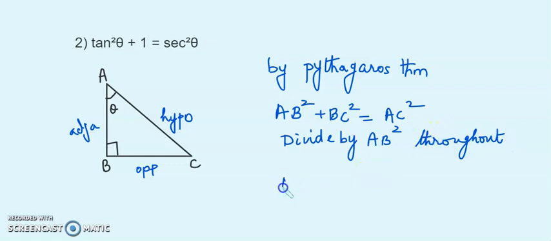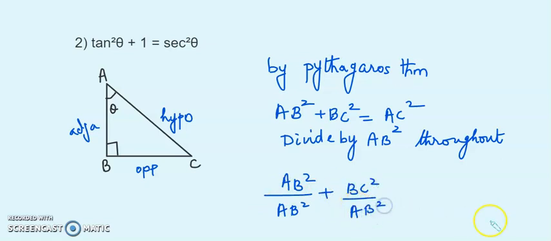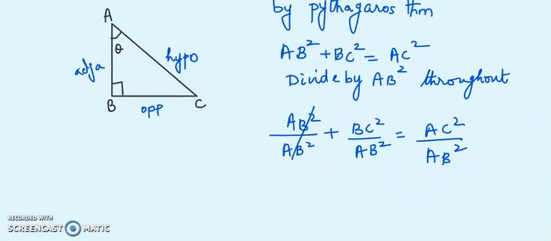So what will I get? AB square divided by AB square, plus BC square divided by AB square, equals AC square divided by AB square. Correct? This will cancel off. Now let's use the triangle and find the ratios BC upon AB and AC upon AB.